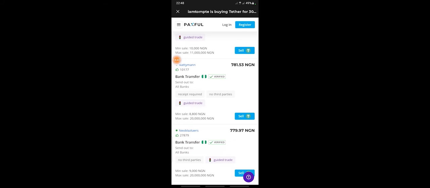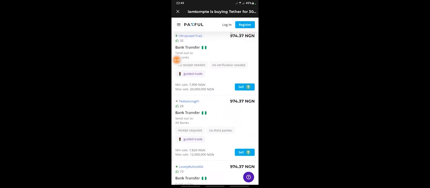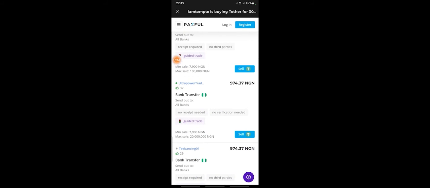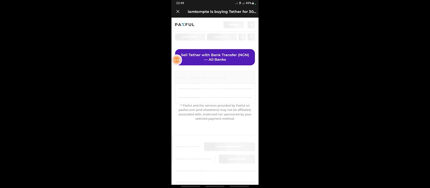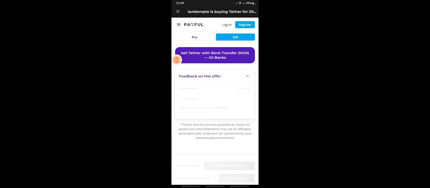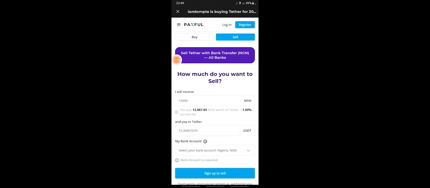So like I was saying, let's look for the highest amount of this thing, right? So let me go for Ultra. So now I clicked on sell data with bank transfer, and then say I will receive 15,000 naira. You pay 12,000 naira worth of data.